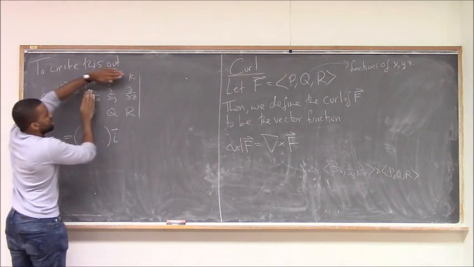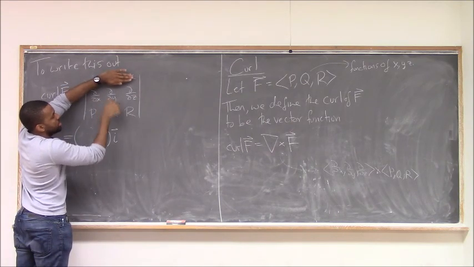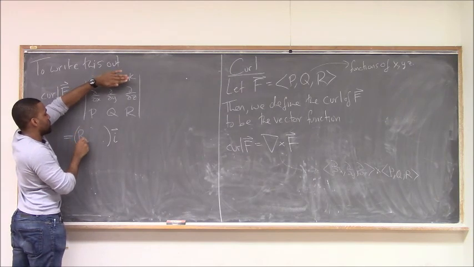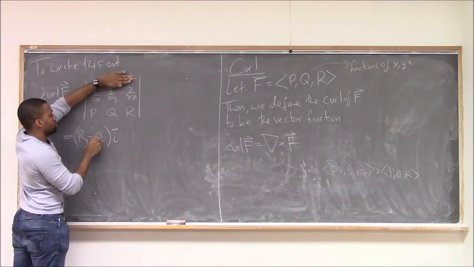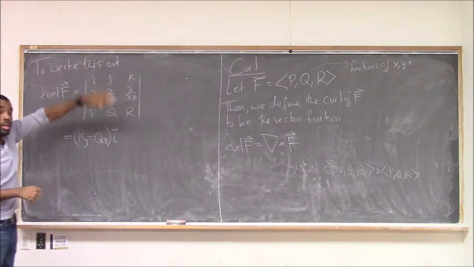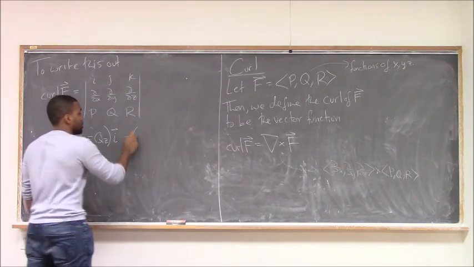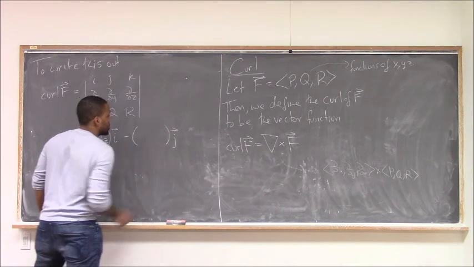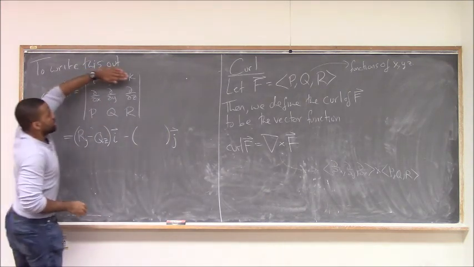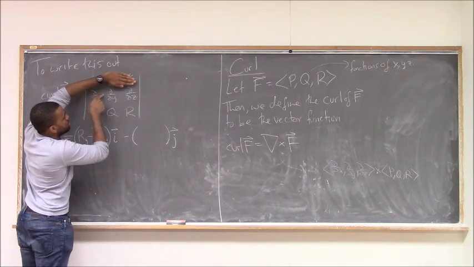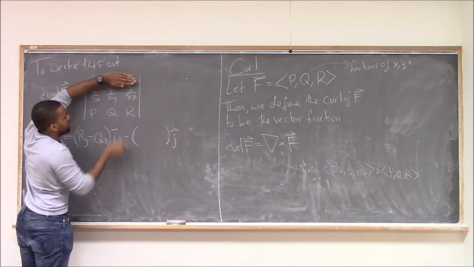You block out everything in that row and that column, and take this times this minus that times that. So this becomes the partial of R with respect to y minus the partial of Q with respect to z. And that's the first component of this vector. Minus the j component, cross out everything in its row and its column, and cross multiply. So this is the partial of R with respect to x.